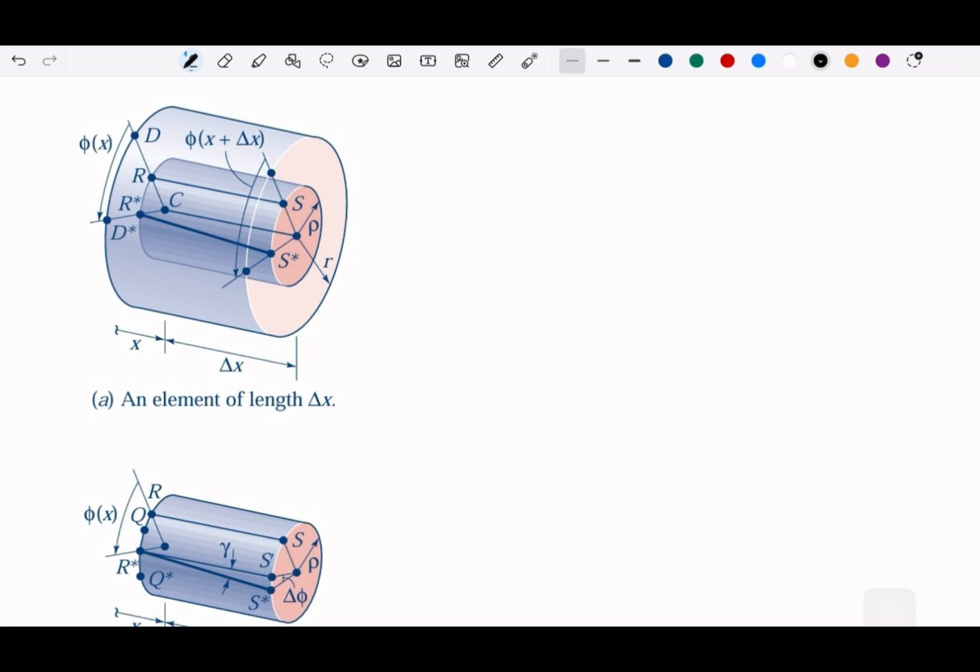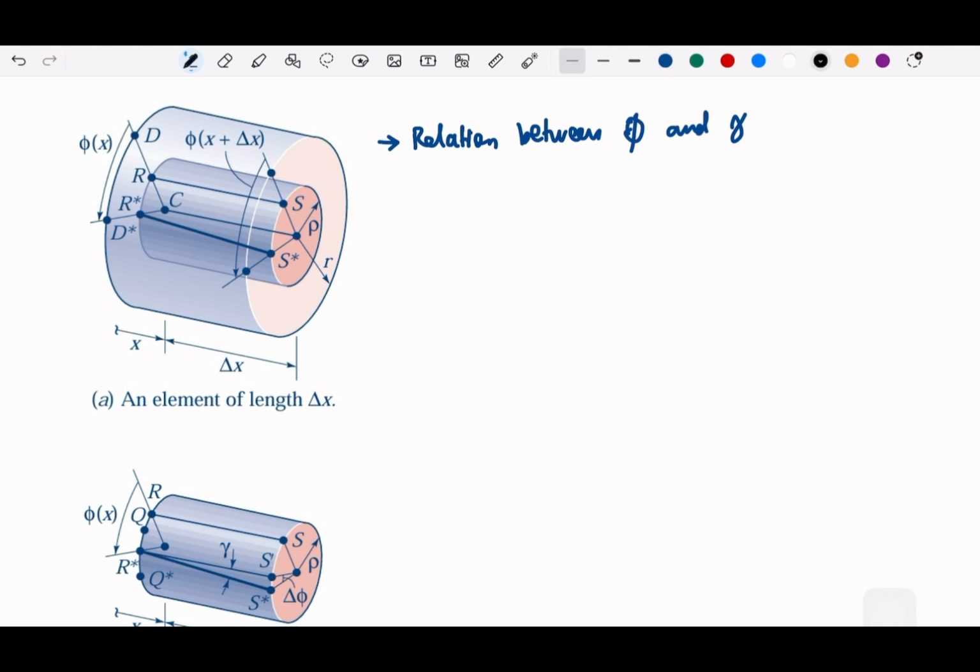So then we can write the shear strain. If you remember the shear strain, let me write here the relation between the torsional deformation or the twisted angle and the shear strain. We have learned a little bit about shear strain from the previous sections, right?